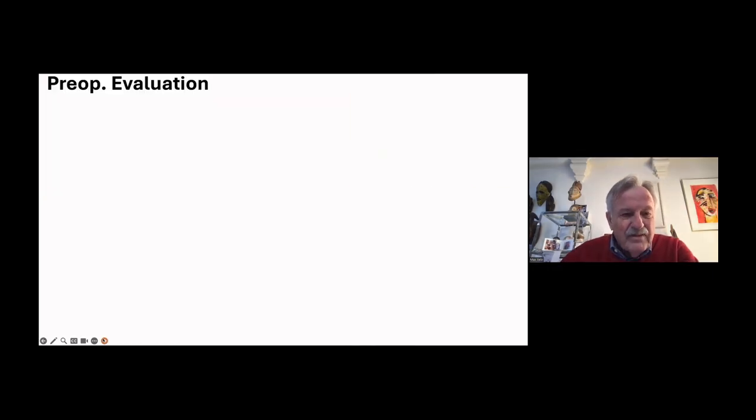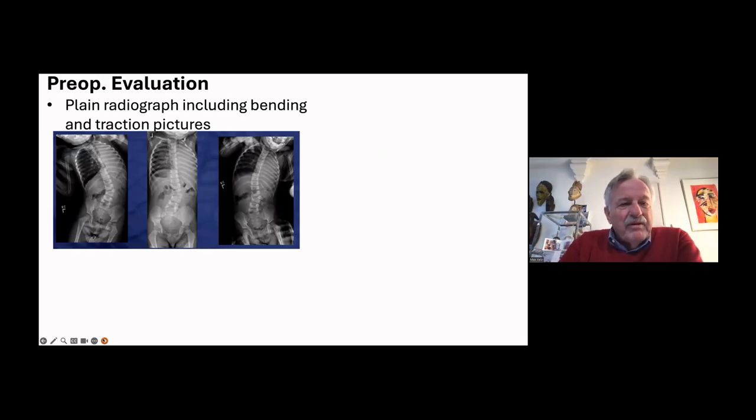So it is very important to do a proper preoperative evaluation to differentiate the different problems we have in this pathology. So the plain radiographs are still there, specifically to judge the balance of the spine, including the bending and traction pictures.